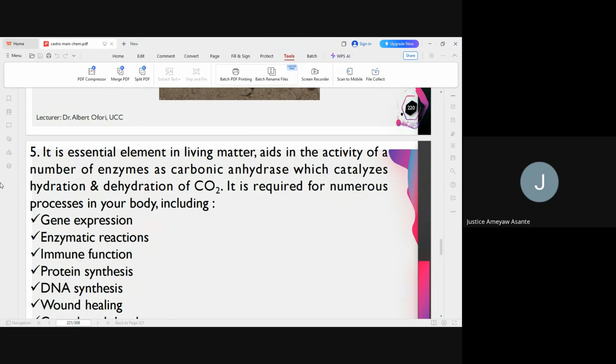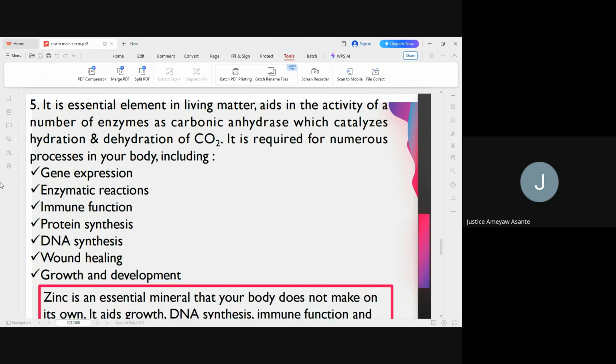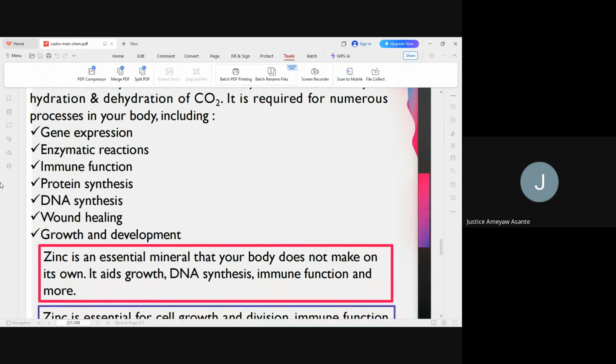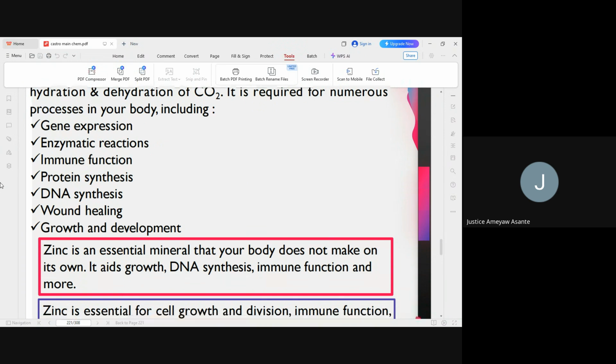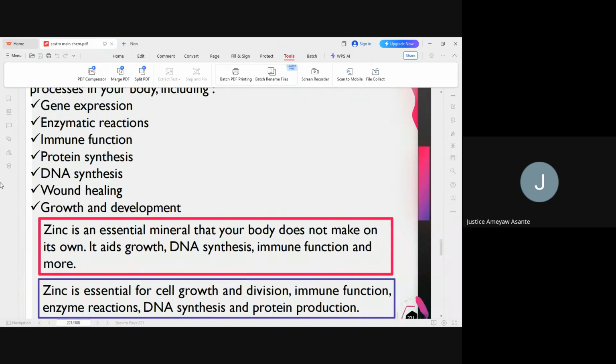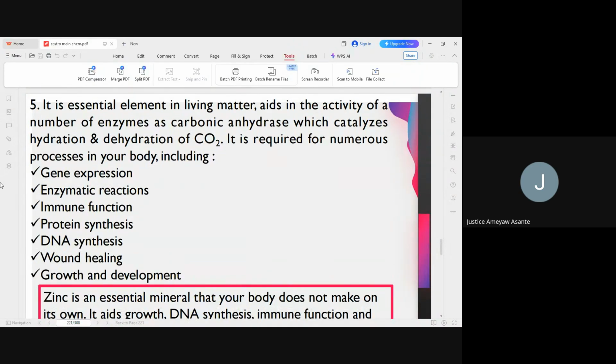It is required for numerous processes in your body, including gene expression, enzymatic reaction, immune function, protein synthesis, DNA synthesis, wound healing, growth, and development. So you know the importance of something in the system.